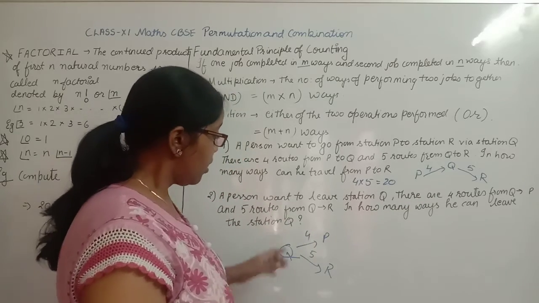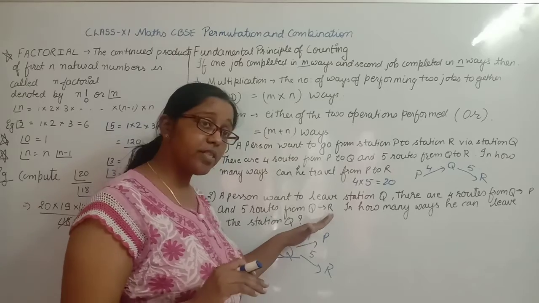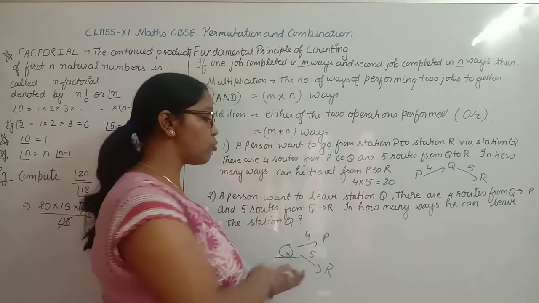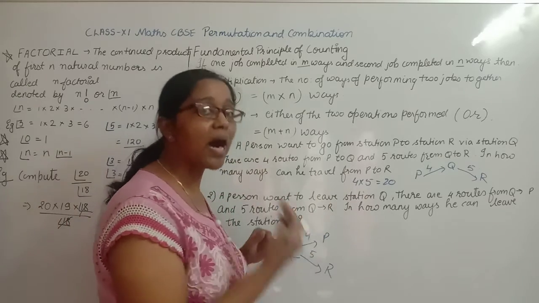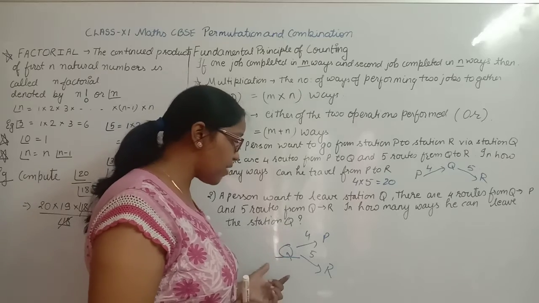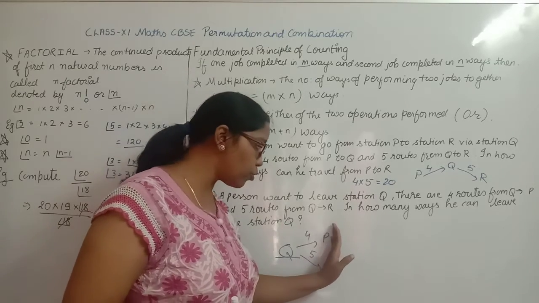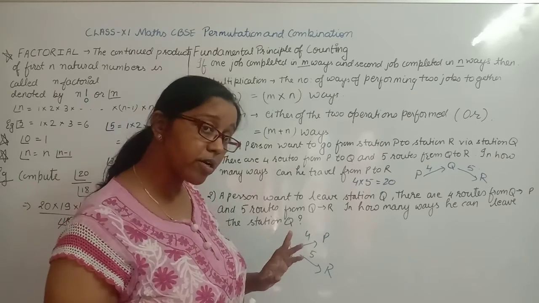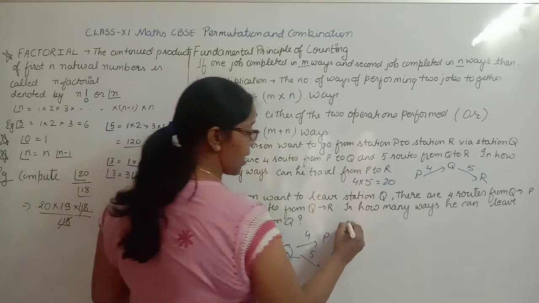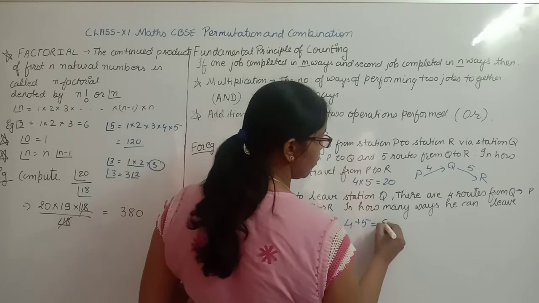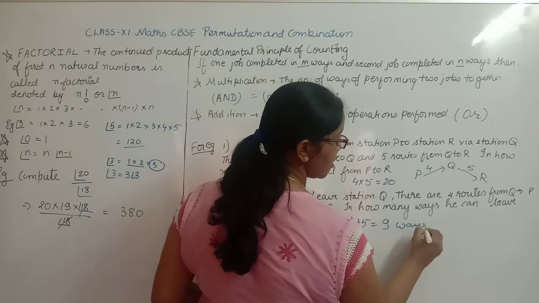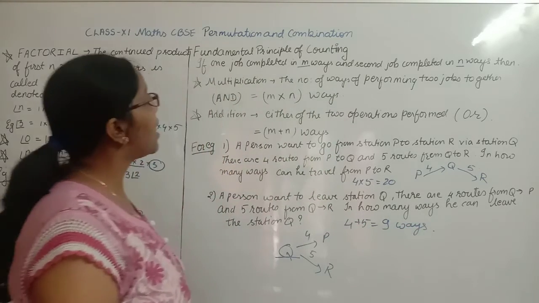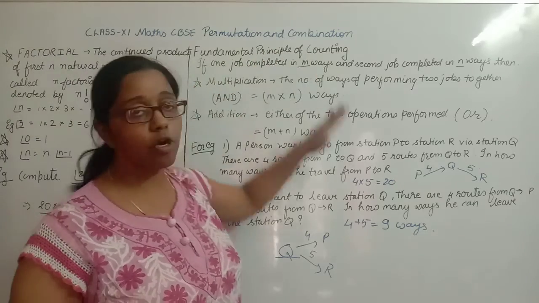It is not mentioned in the question that you have to go to station P only or R only, so he is free to go either to P or R. That is why we are using the condition OR. So in this condition we will apply 4 plus 5, equal to 9 ways. This is how we apply the fundamental principle of counting.